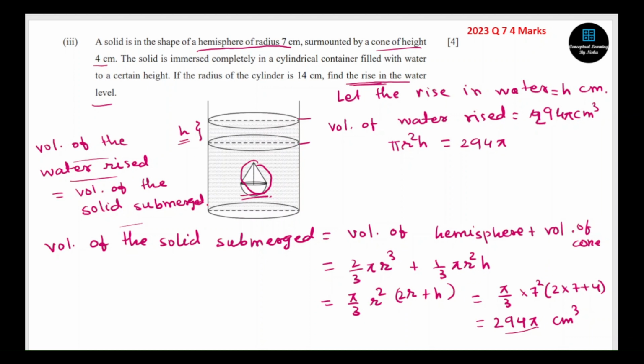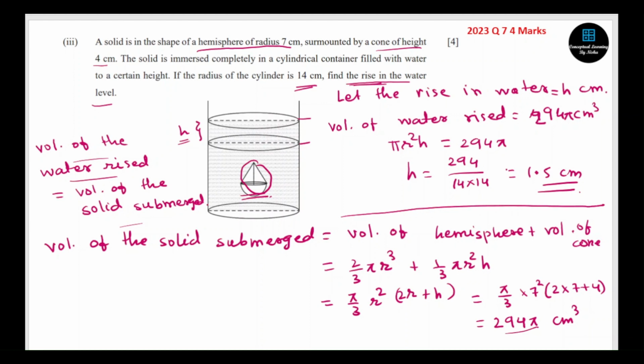Now I simply substitute the value of the radius, cancel out pi, and h is equal to 294 divided by 14 into 14, right? When I simplify this, we get 1.5 centimeter. So this is the final answer, the rise in the water level.